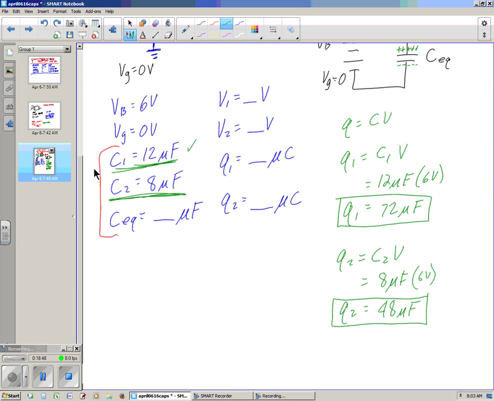So we can then just say that Q equivalent is going to be equal to Q1 plus Q2. And of course that's going to be 72 microfarads plus 48 microfarads. So Q equivalent then is going to be 120 microfarads.